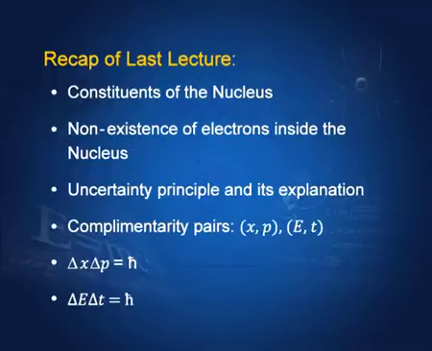In the last lecture, we were discussing the constitution of the nucleus of an atom. We found that the knowledge existing at that time could not explain the structure of the helium nucleus.